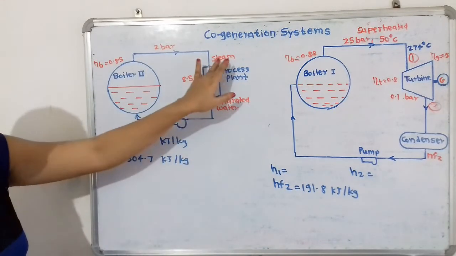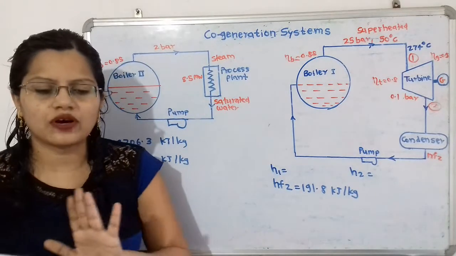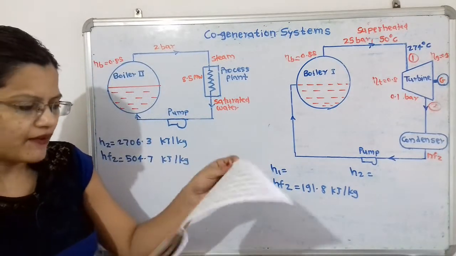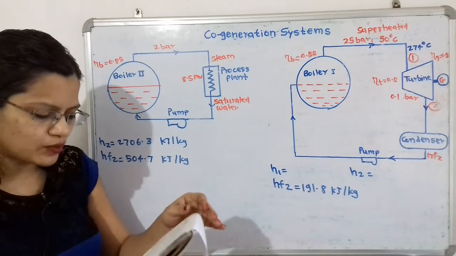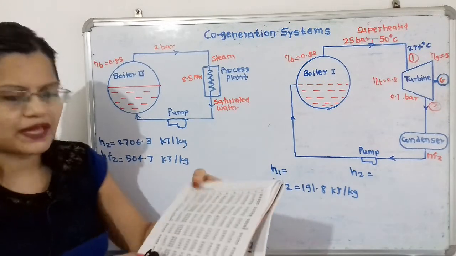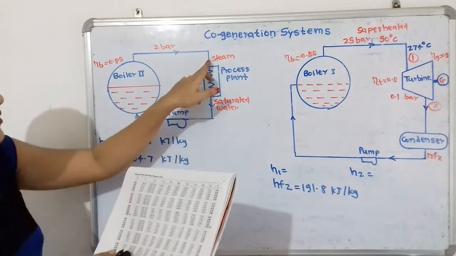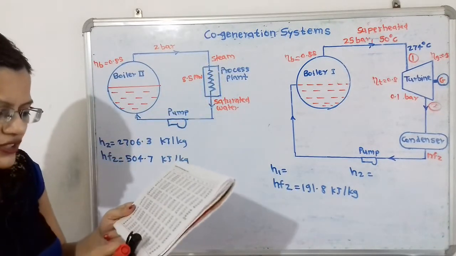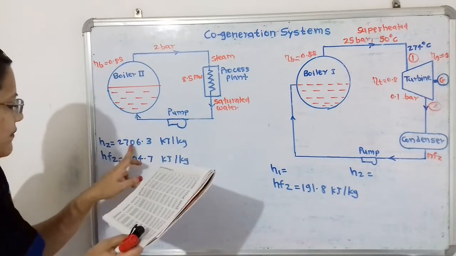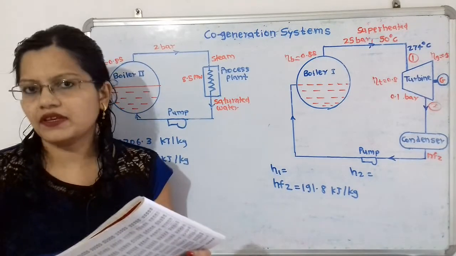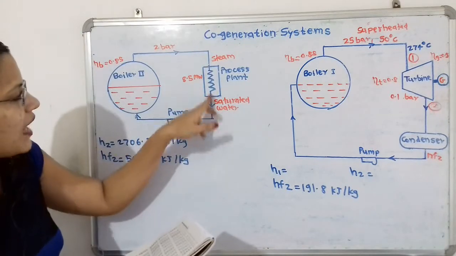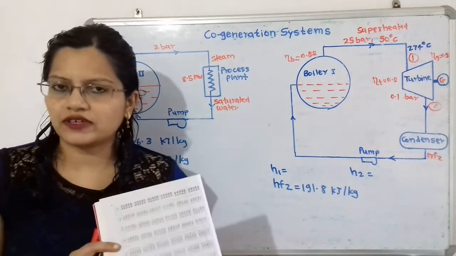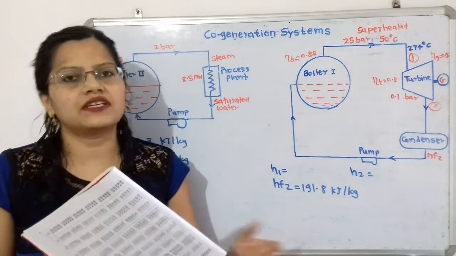This is in the form of steam. So how to find out the enthalpy at 2 bar? Again we will use the pressure table and find the 2 bar pressure. Here this is in the gaseous phase, so we say enthalpy Hg. Hg is 2706.3 kilojoule per kilogram. Now at the outlet of the process plant, it is in the saturated water condition, and this is also mentioned in the question.